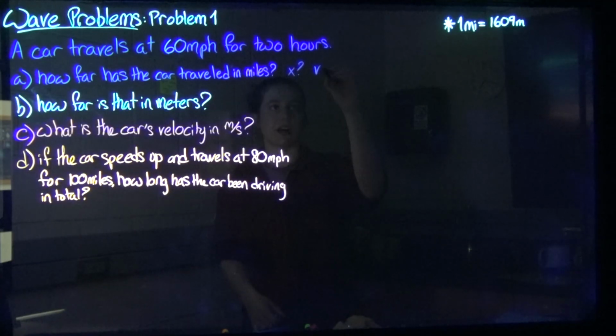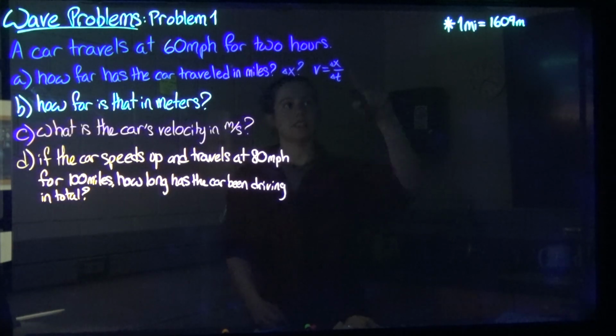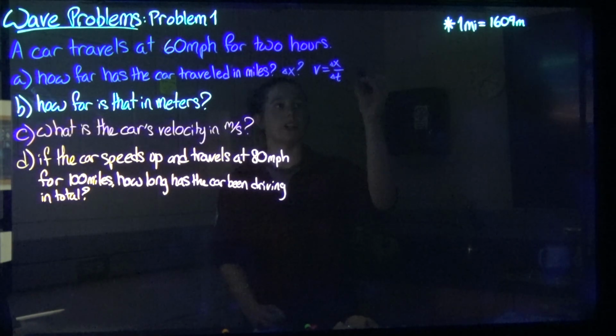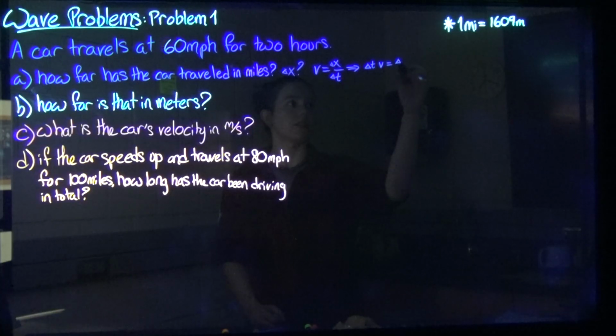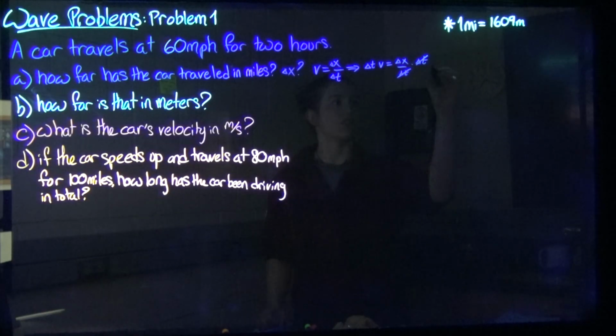We know that velocity is distance over time. Should be delta x over delta t, and that's our delta x, our change in distance. So if we solve this for delta x, we're going to multiply both sides by delta t, and that's going to give us v times delta x over delta t times delta t, and then these are just going to cancel.